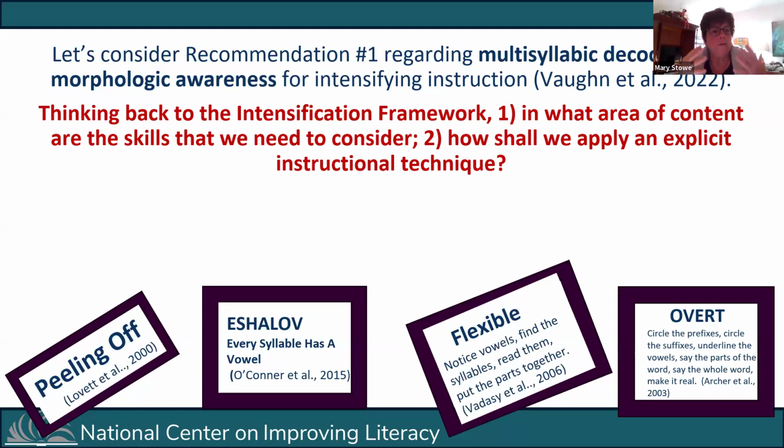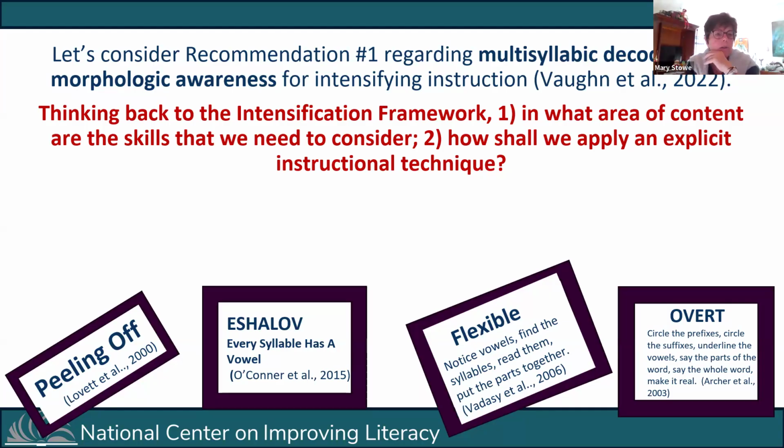But let's think about, from the intensification framework, what do we need to consider? In what area of content are the skills that we need to think about? Well, they're in reading, they're in phonics, but they're also moving into vocabulary. So when we think about syllables, we're thinking about parts of words, but then we need to move on for older students into thinking about morphemes, which are word parts with meaning.